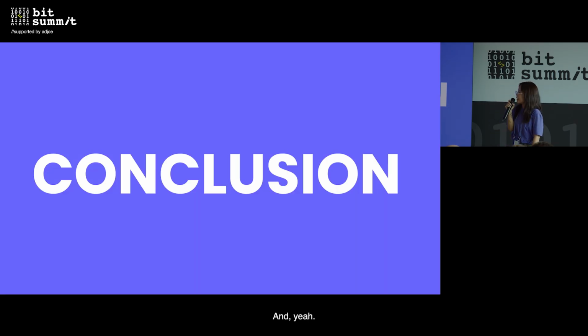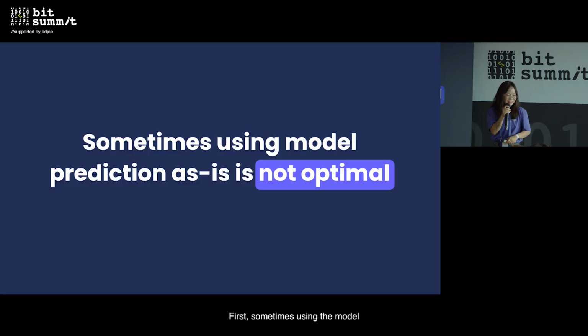And yeah, so now you have some idea of what happens in those 100 milliseconds between finishing a game level and seeing an ad. So here are my 3 conclusions. First, sometimes using the model prediction as is is not optimal.